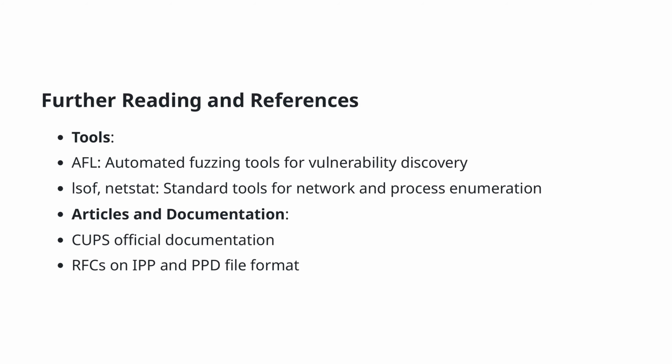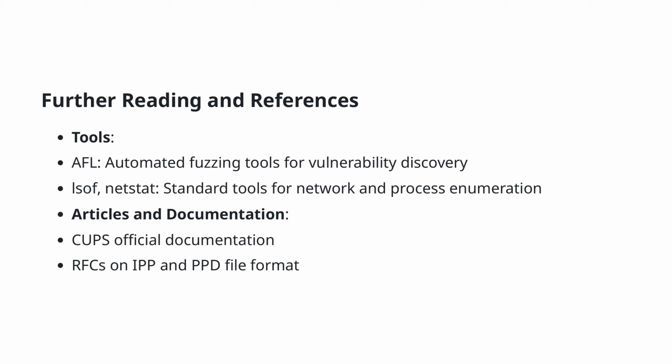For those looking to expand their knowledge and resources on this topic, here's a list of recommended tools and readings. First, tools like AFL, which is an automated fuzzing tool, can assist in vulnerability discovery by automating the testing process and identifying potential security flaws. Standard tools such as lsof and netstat are invaluable for network and process enumeration, providing insights into open files and network connections, respectively.